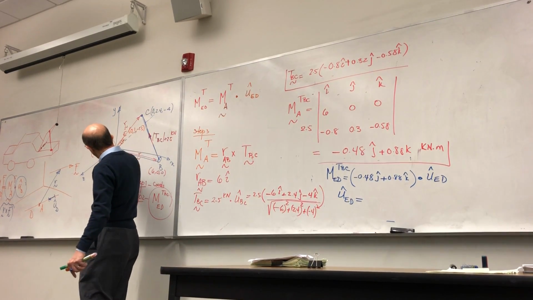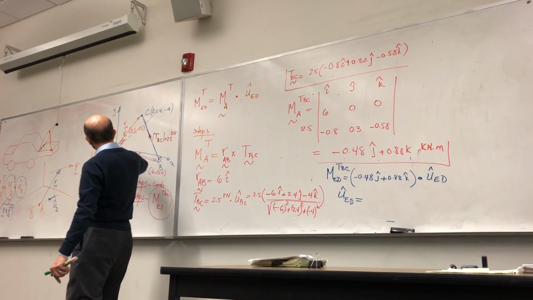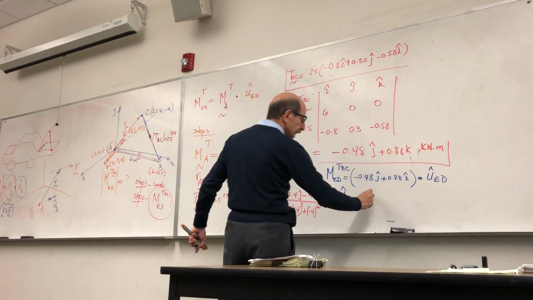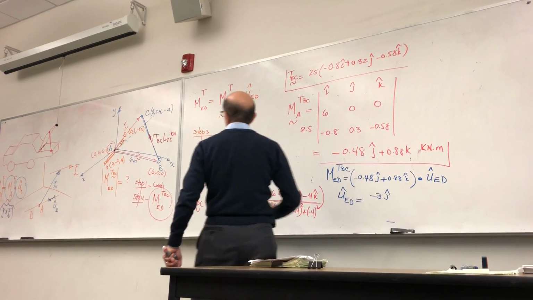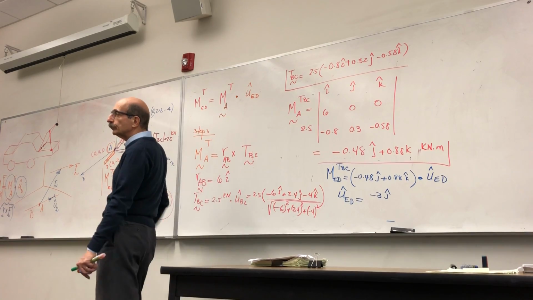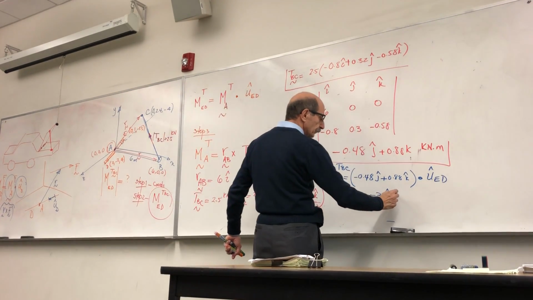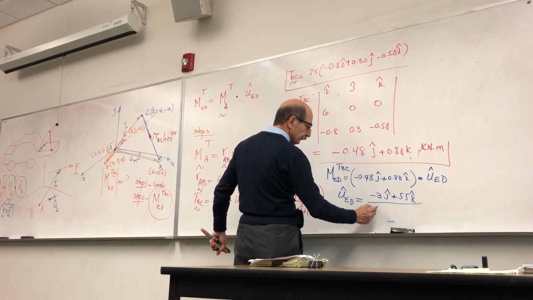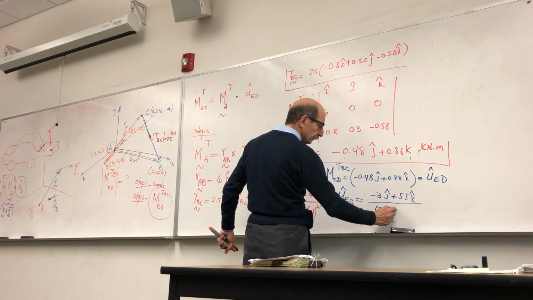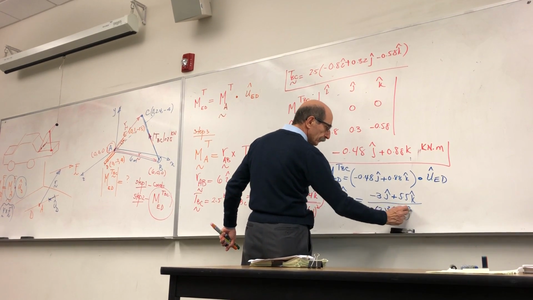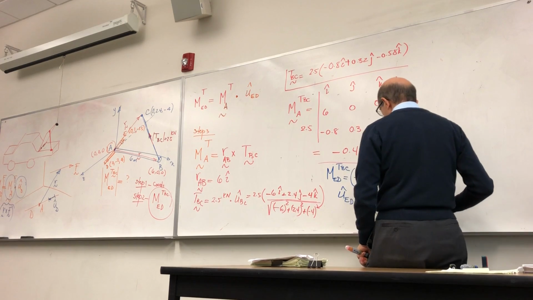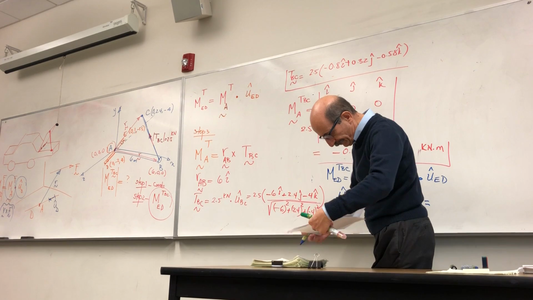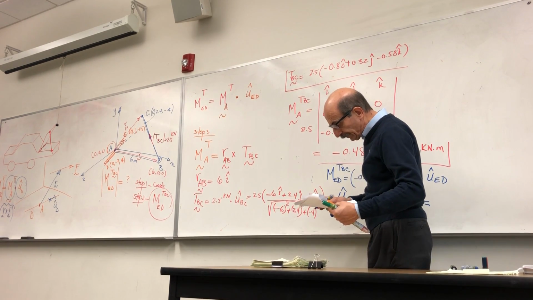Tip minus tail. 0 minus 0, 0 I, minus 2 minus 1, so negative 3J, 4 minus 1.5, so it would be plus 5.5 K, divided by the square root of 3 squared plus 5.5 squared.